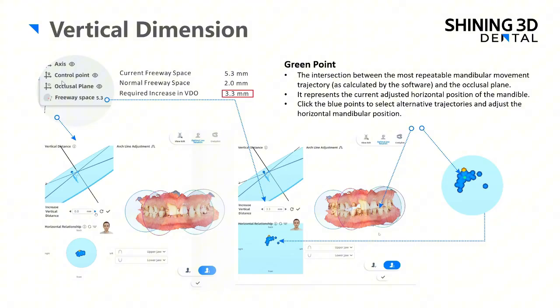It represents the current adjusted horizontal position of the mandible. So you can click the blue points to select alternative trajectories and adjust the horizontal mandibular position. The vertical distance we increased here will follow the trajectory that we selected, which means the trajectory which the green dot belongs to.